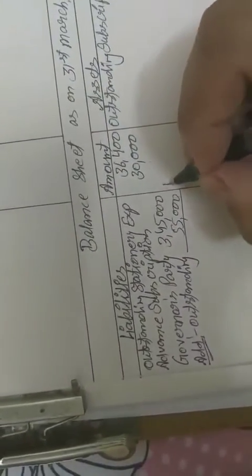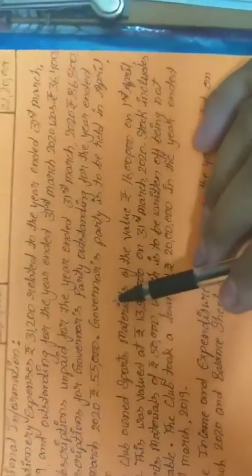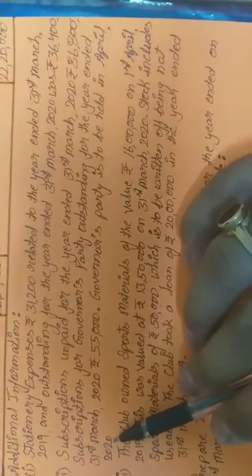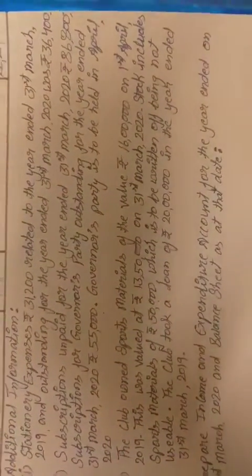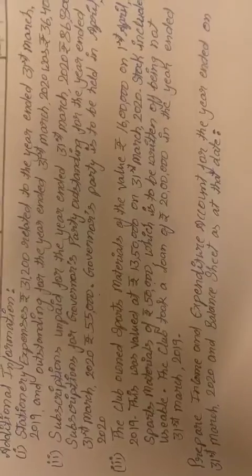Total 4 lakh rupees. But if we transfer this, the next line says governor party is to be held in April 2020, means governor party will be held next year. If it will be held next year, so this is also prepaid, 55,000 rupees.